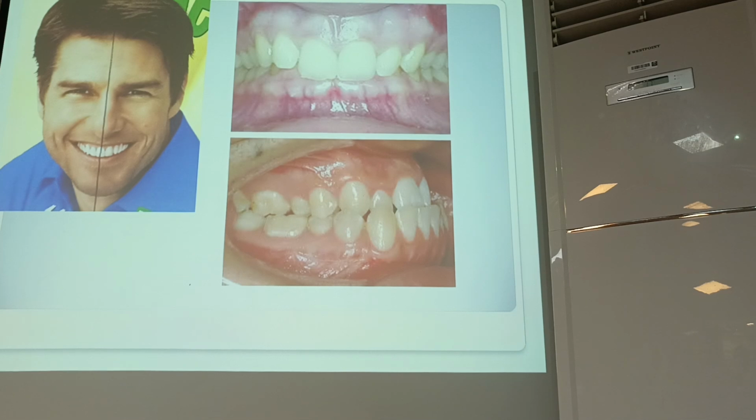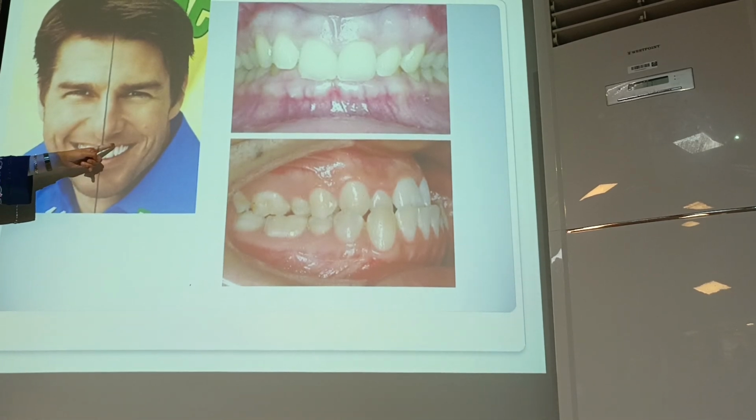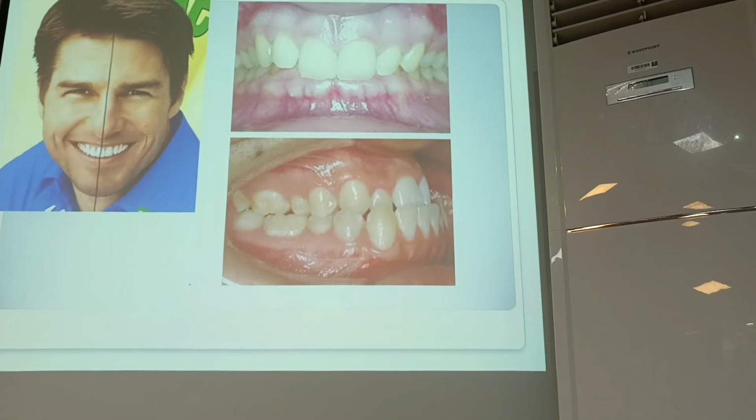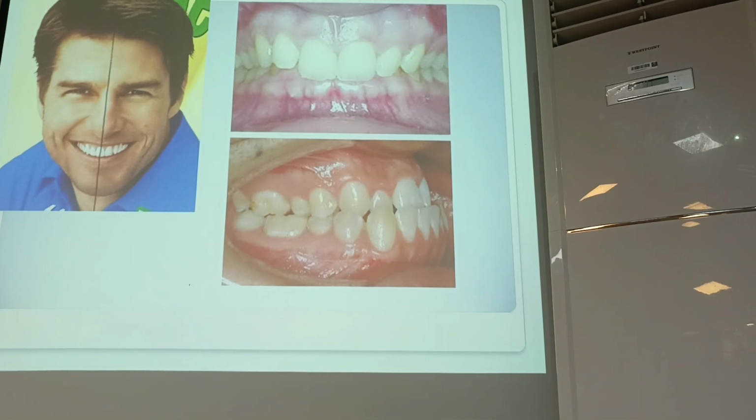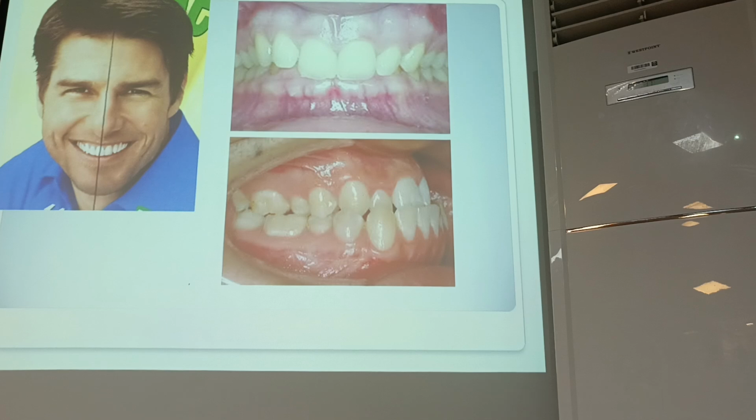Okay, so you can see here the midline is off because of a congenitally missing tooth. If we have a tooth missing, the tooth midline migrates and shifts to one side, and it is not aesthetic from the orthodontic point of view. So it needs correction, especially for the upper jaw.